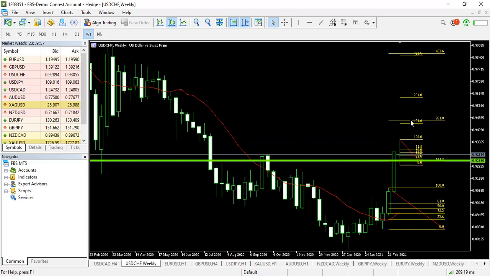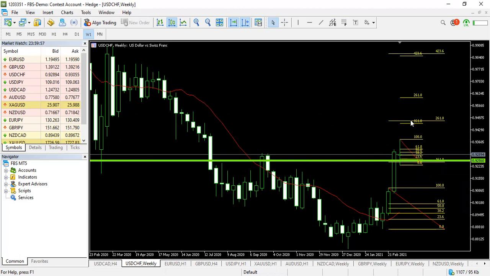The 261.8 is a very strong resistance, but it would need 100, 0, or 423.6 for the market to actually start selling, so that the pressure would be much greater than with 161.8.